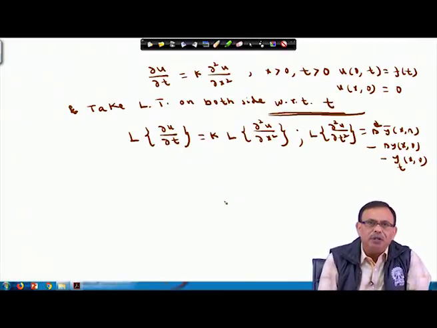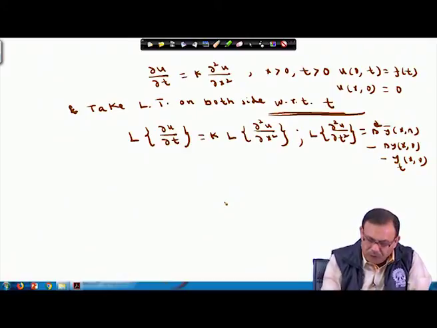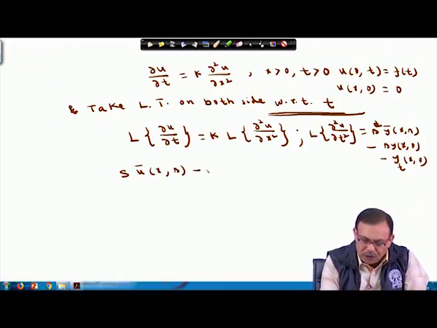Once I am doing this, for the first derivative you will obtain s ū(x,s) minus u(x,0).